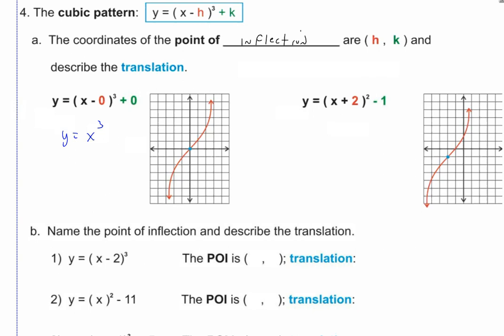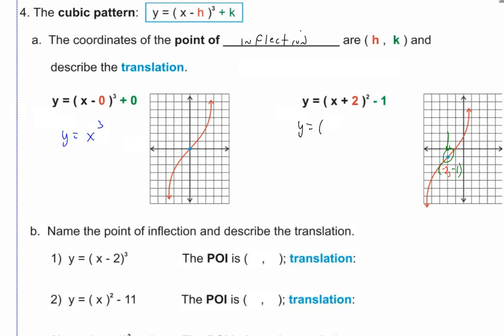Now, in the second situation, let's go right to the graph. Let's figure out the coordinates of the point of inflection. Coordinates are (-2, -1), right? Those are the coordinates of the point of inflection right here, in blue. So now let's go back and read h and k.